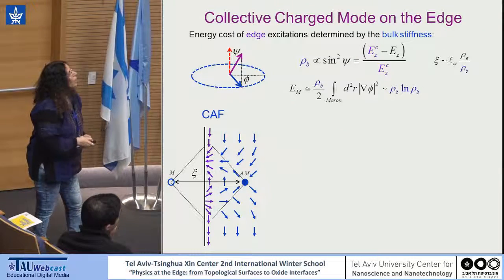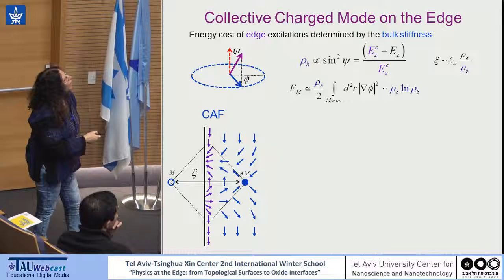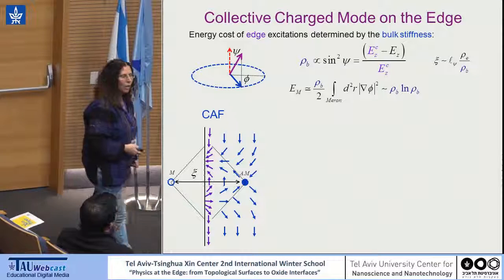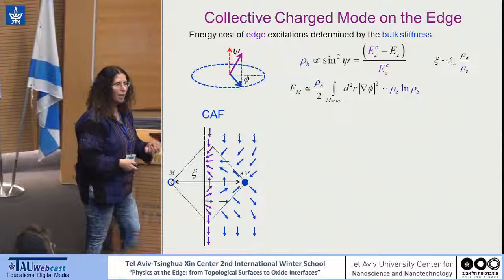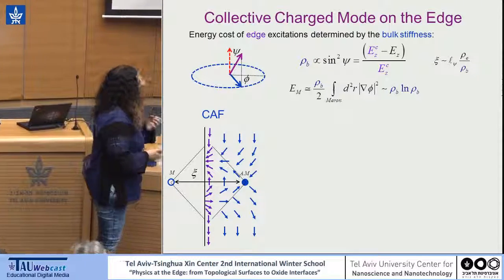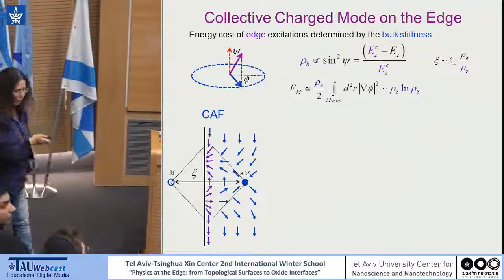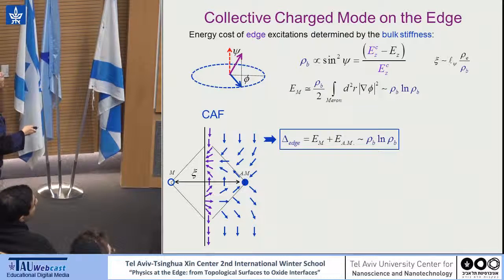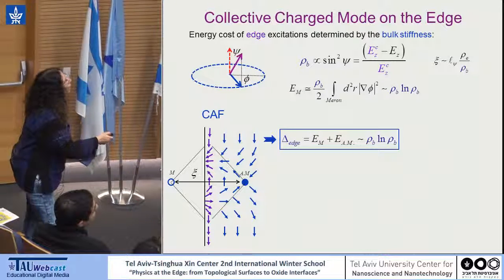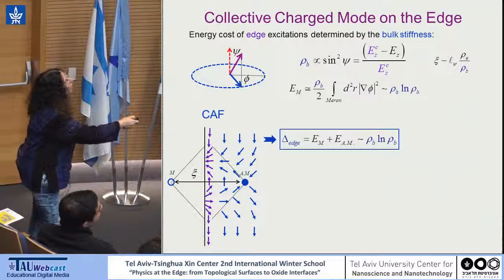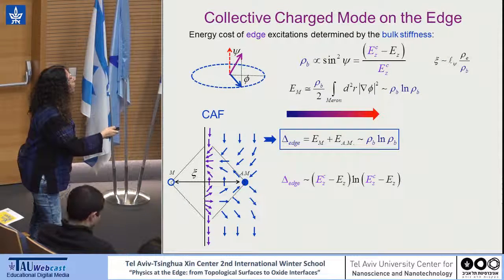So in the canted antiferromagnetic phase, you have a gap to this excitation, and the gap can be calculated from the magnetic energy. Basically, the energy cost is the magnetic stiffness that has to do with creating such a twist. And that's what we get. We get something that is dictated by the bulk stiffness to rotation in the plane, and it's vanishing at the transition and becoming gapless.